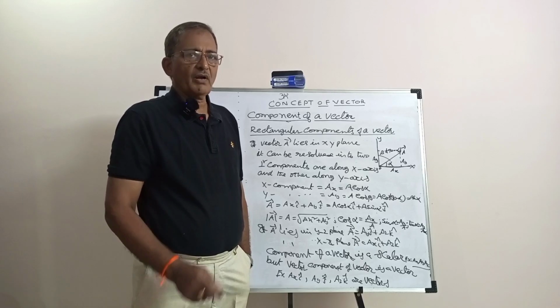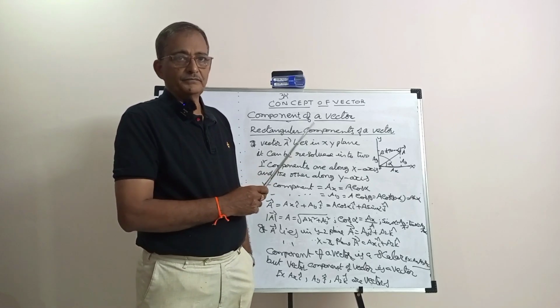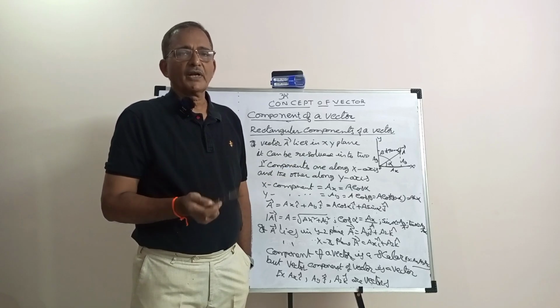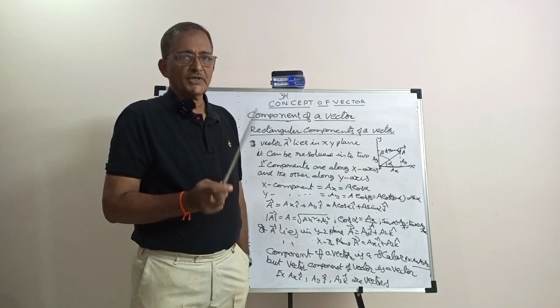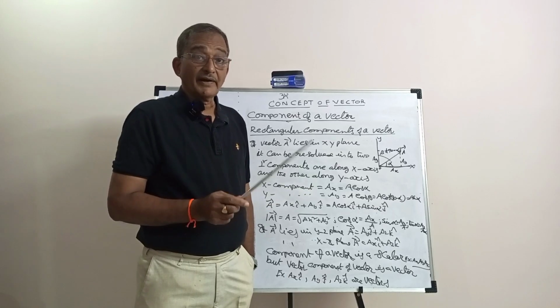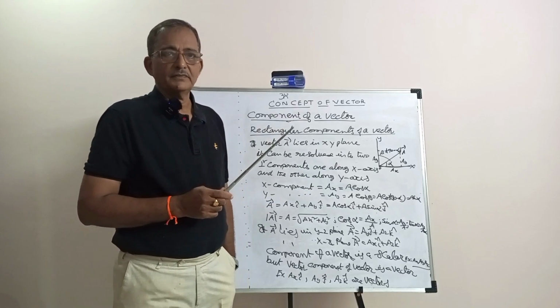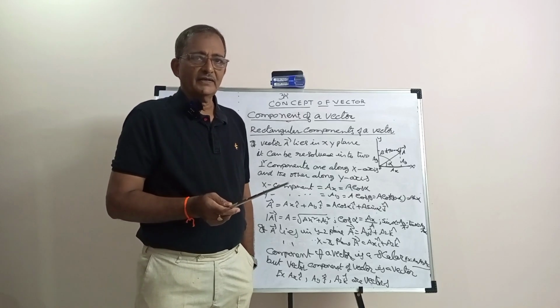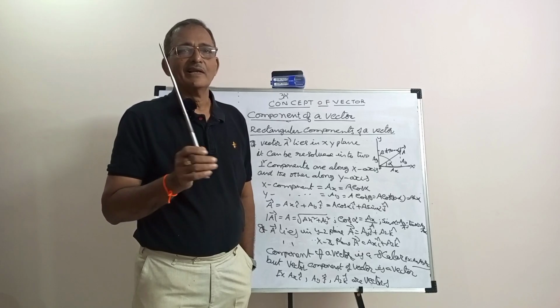If vector A bar lies in the xy plane, it can be resolved into two perpendicular components, which are also called rectangular components, because those components represent the sides of a rectangle.